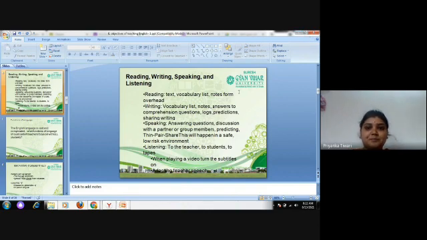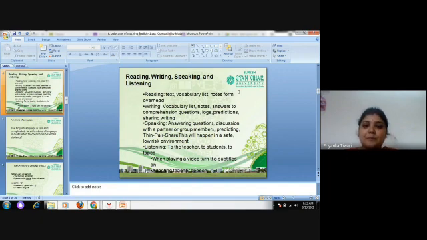Reading: texts, vocabulary list, notes from overhead. Writing: vocabulary list and notes, answers to comprehension questions, logs and predictions, sharing writing.